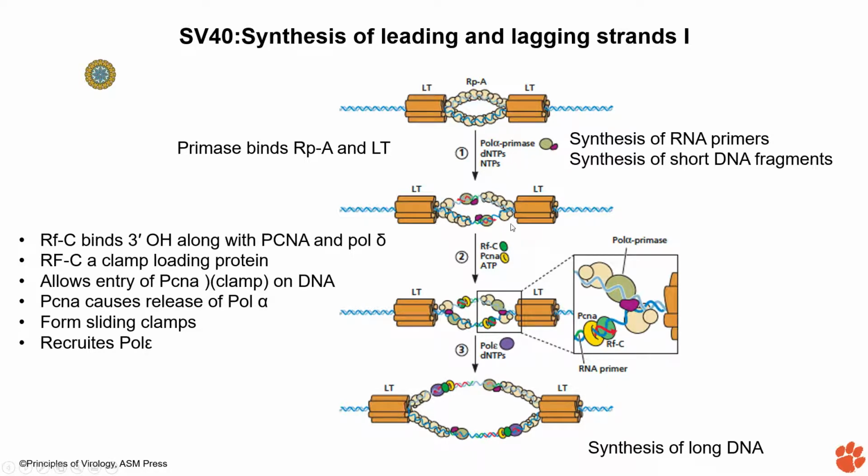Once these RNA primers are put down, that's what you are seeing right here in red, then you put in a couple of different proteins. One is called RFC and the other PCNA. The RFC is a clamp loader protein, and PCNA is a clamp protein.